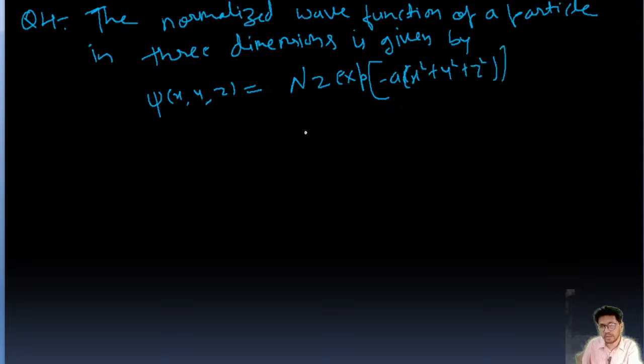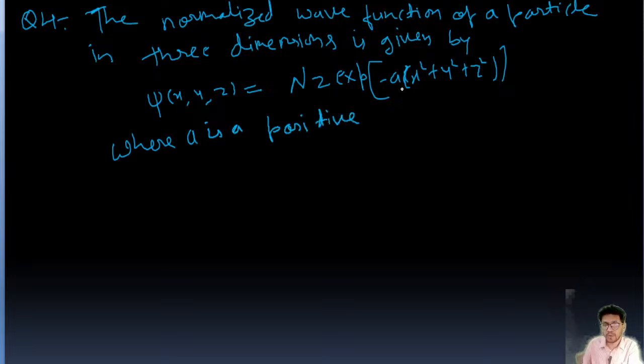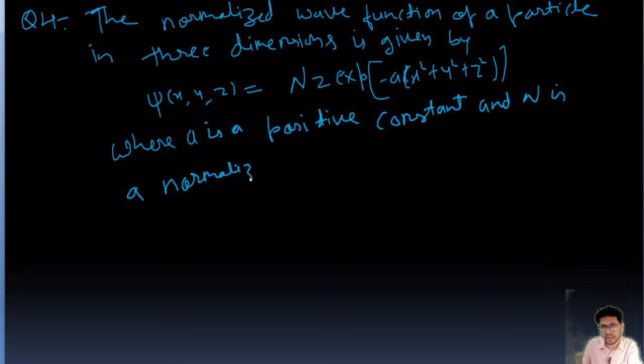This is the wave function which is given, where a is a positive constant, and N is a normalization constant.